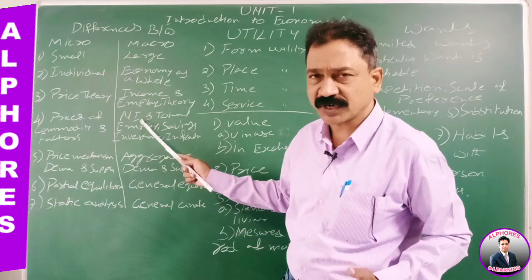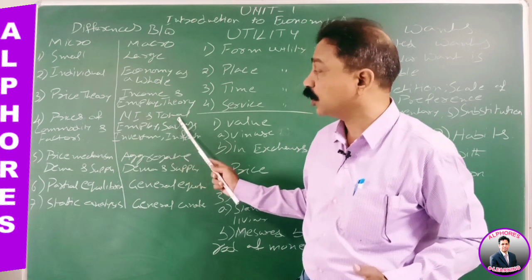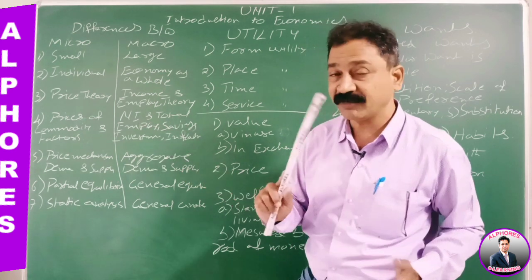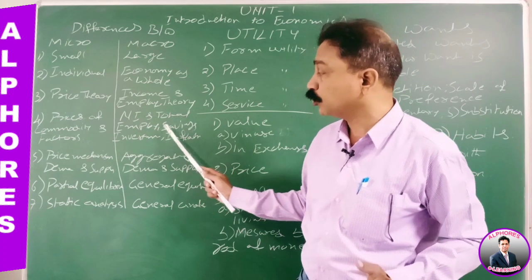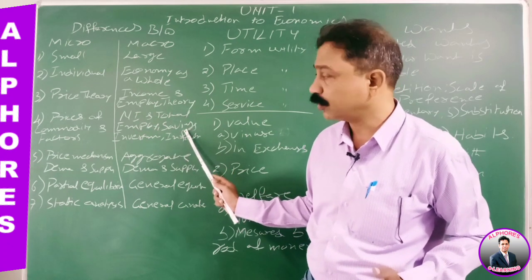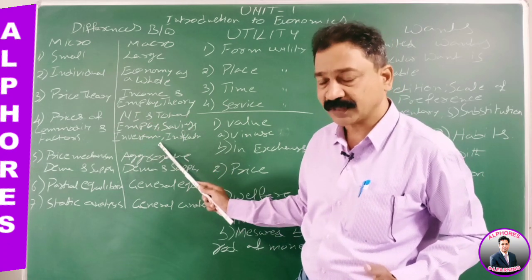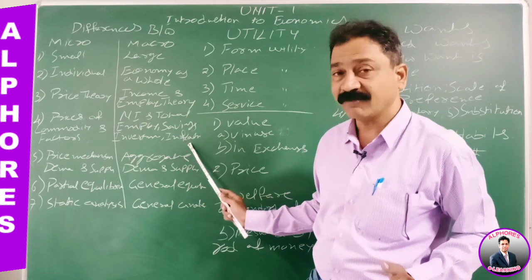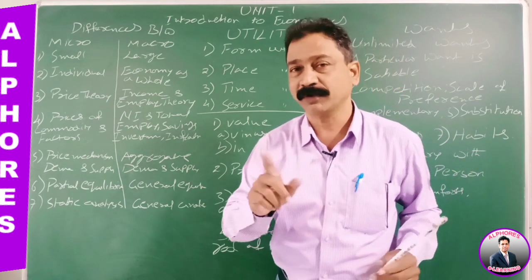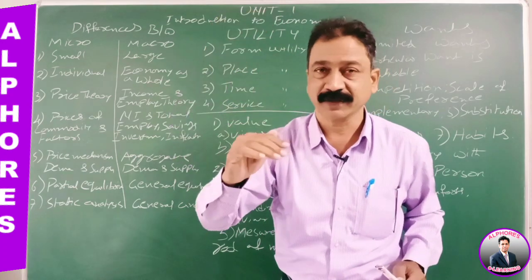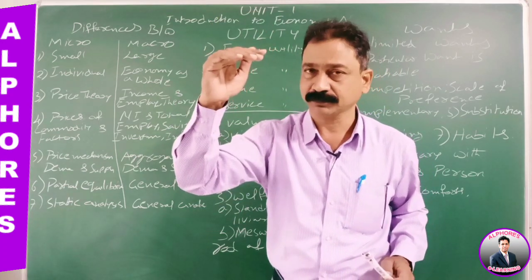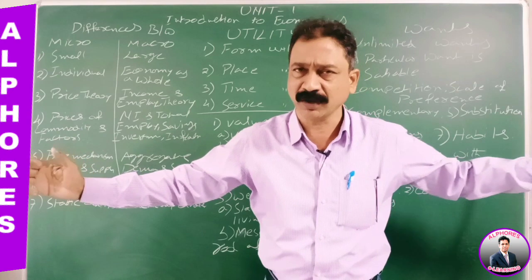Statistical organizations generally do this work. Next, total employment, not individual employment, total savings of the country, total investments in business, and inflation: the total price level, whether it is increasing or decreasing. If it increases, we call it inflation. These are all bigger, larger amounts.